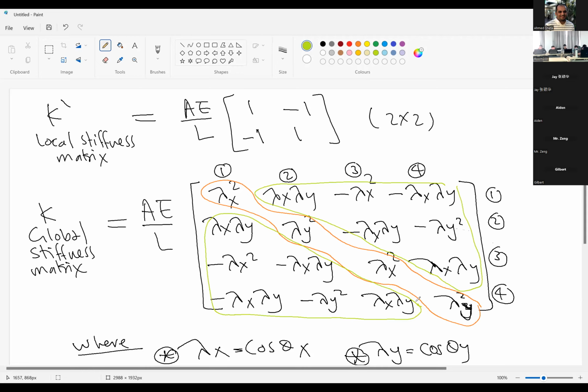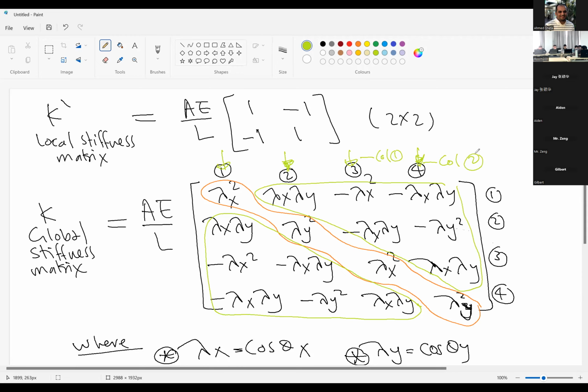There is also a relation between columns: column 3 is the negative of column 1, so if you know column 1, multiplying by negative 1 gives you column 3. Also, column 2 is the negative of column 4. So this is how to recognize the matrix.